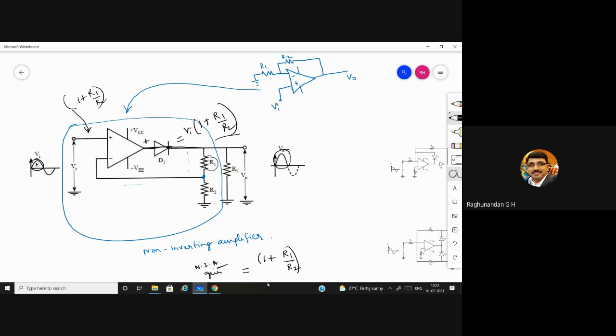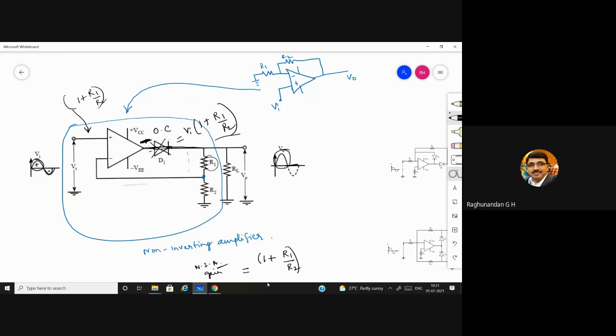Whenever the input signal is negative, the output goes negative and the diode will be reverse biased. When the diode is reverse biased, we know that it acts like an open circuit, so there will be no output. The output will be 0. This dotted line indicates the output is missing in this portion.